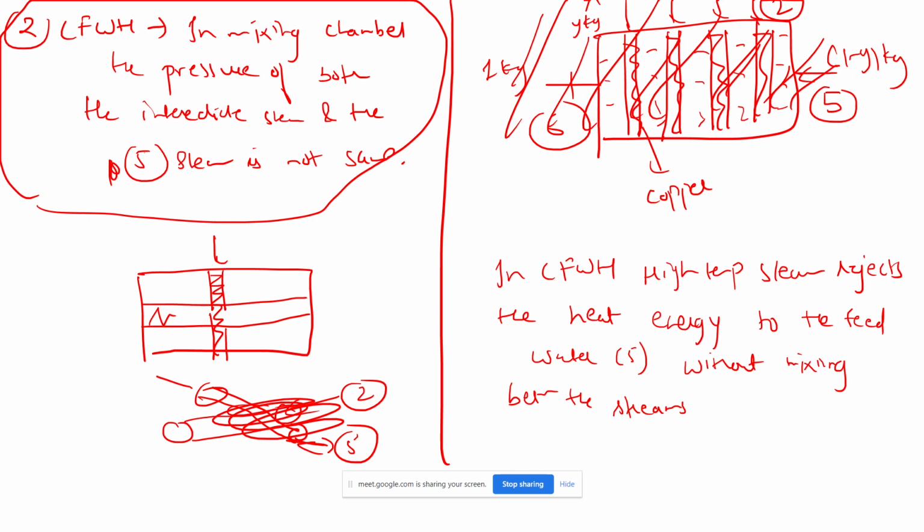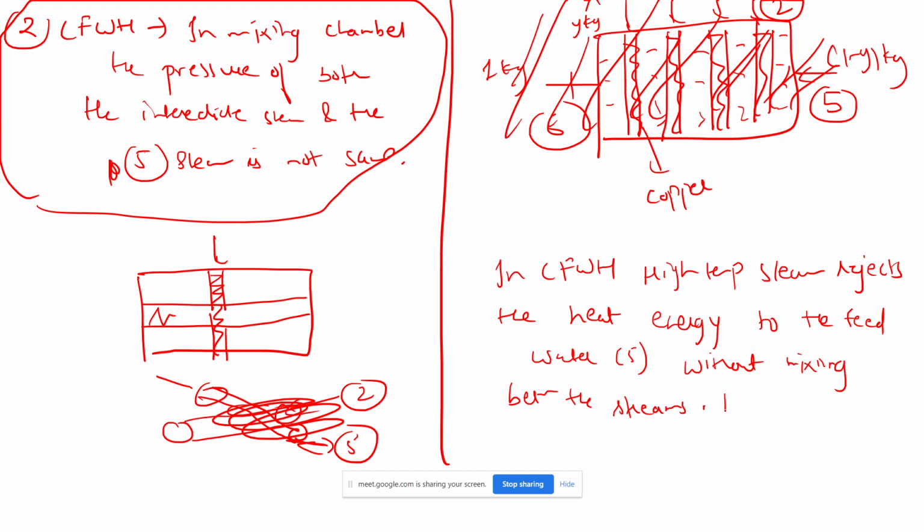But in this case, since the pressure is not the same, they will not mix with each other. They will work at different pressures, and by flowing through the tubes, they will transfer the heat.